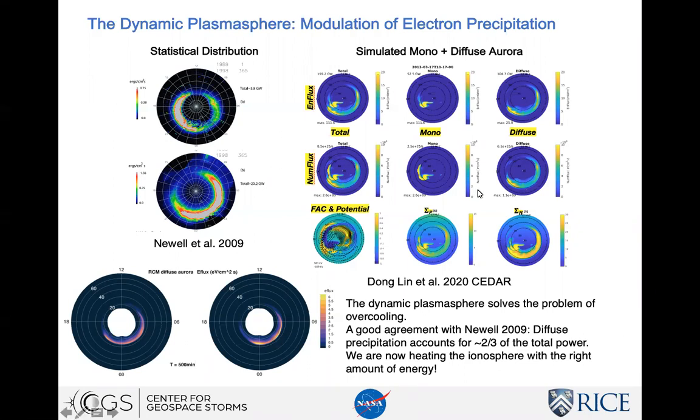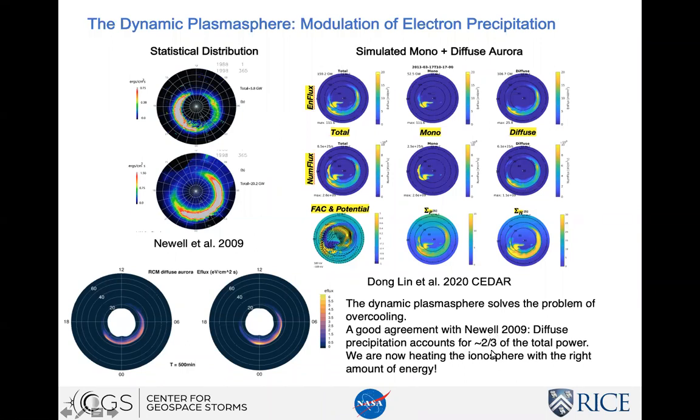We put into a simulation a certain event, and we calculate the ratio of the monoenergetic and diffuse precipitation, and it gives a really good agreement with the observational data.